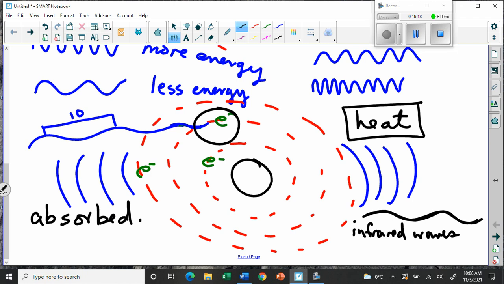So there's still something bouncing off, but because we can't see it, we say that the light has been absorbed. That's a very important concept when we start to look at colors: the difference between light that is absorbed or turned into heat and light that is reflected, which appears to bounce off. Okay? Good. Let's talk now about colors.